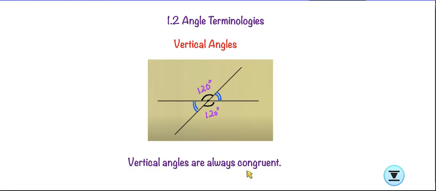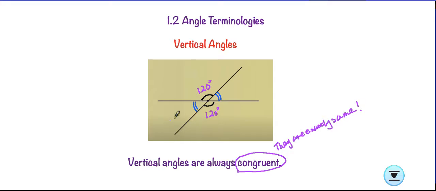As long as it's a vertical angle, we say they are always congruent. If it's your first time seeing the word congruent, it means they're exactly the same. Some students might say, why can't we use same, or why can't we use equal to describe this situation?